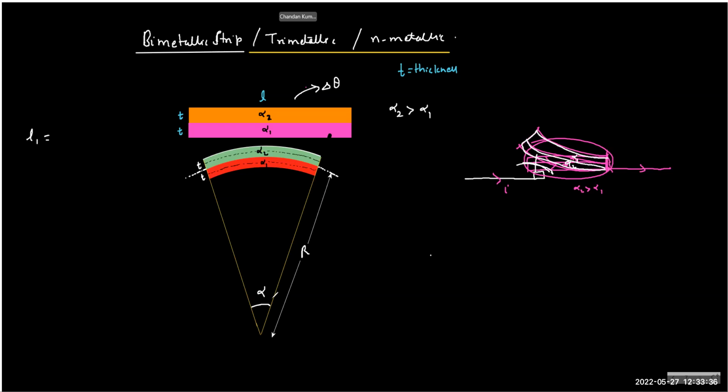So we can write R minus T by 2 into alpha, where alpha is the angle of the arc. And similarly, L2 will be how much?